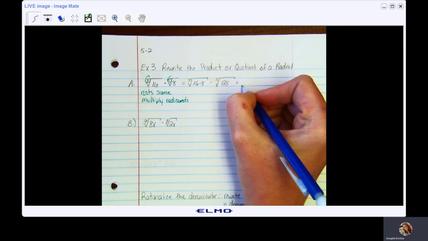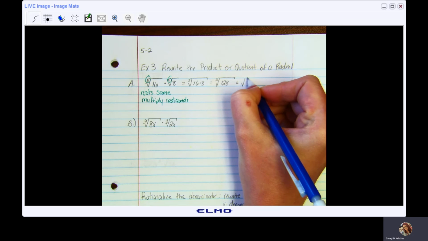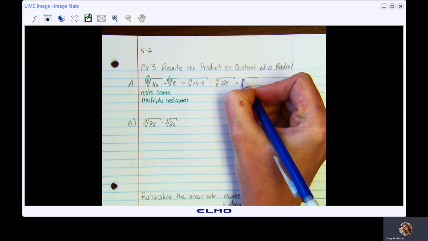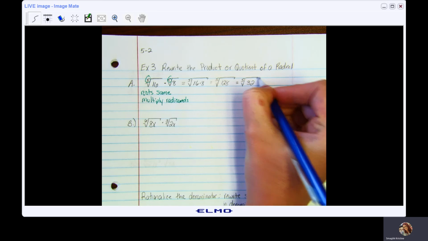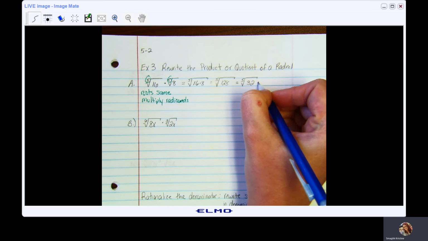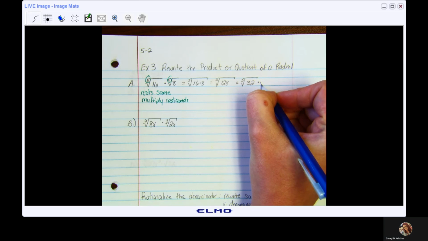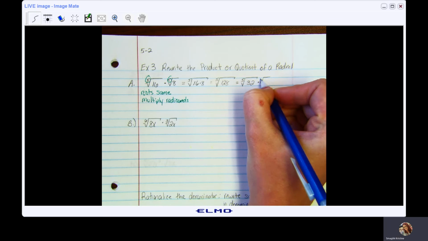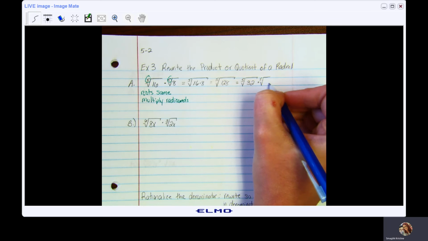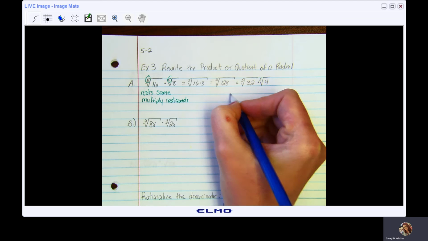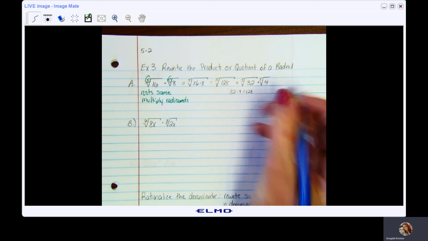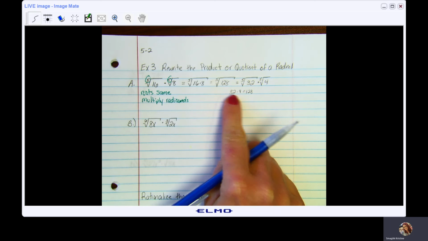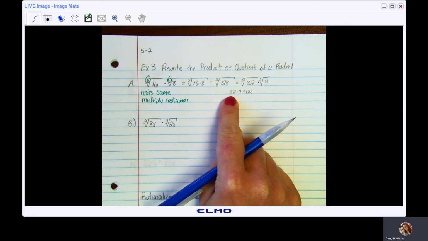But we can write this as the fifth root of 32, which we know that one is 2, so that one we can simplify, times what's left is 4. And again, remember, 32 times 4 equals 128. And I have just picked these factors out because I know 32 is a perfect fifth root.